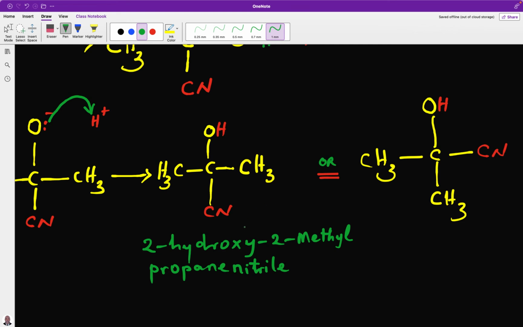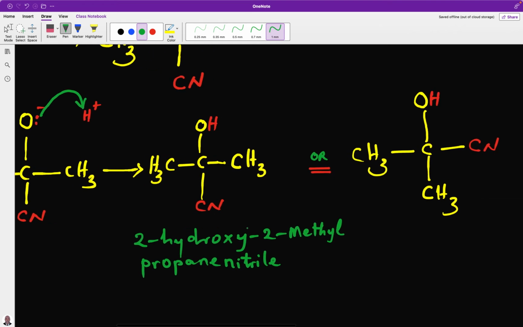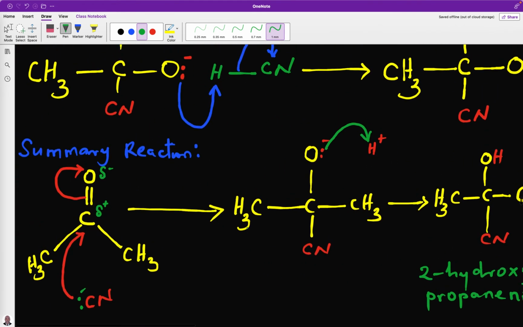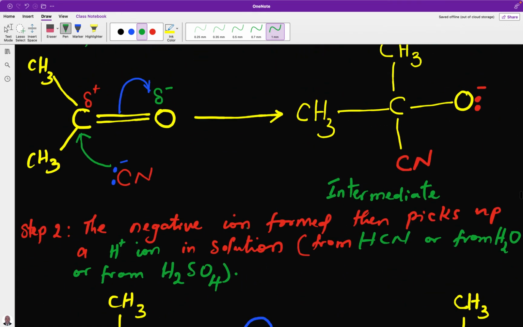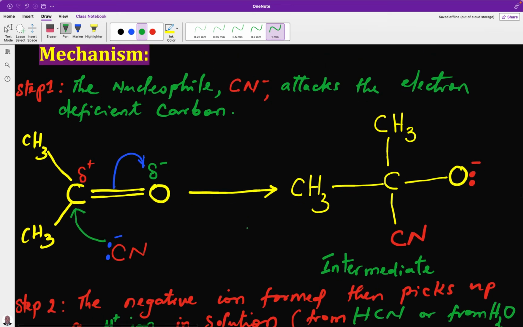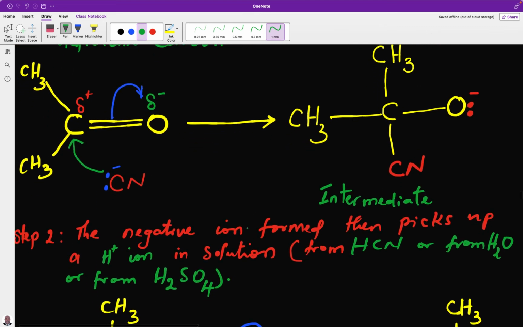This is the product of our nucleophilic addition reaction. So once more, we have done that with the ketone. I showed you the chemical reaction. Step 1, the nucleophile attacks the electron deficient carbon. An intermediate is formed.